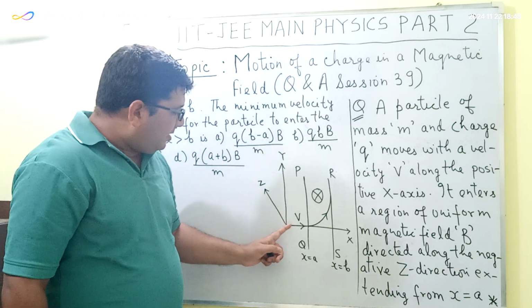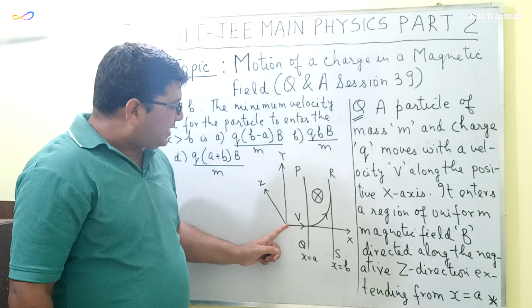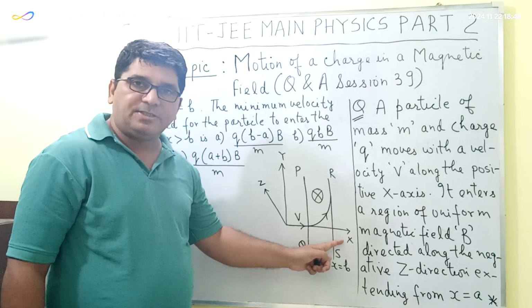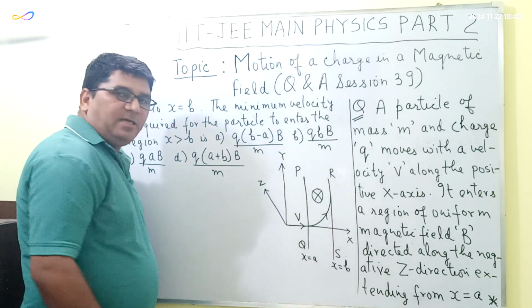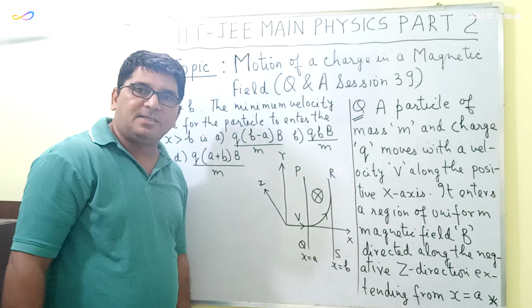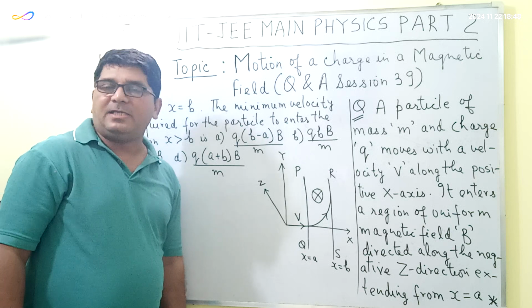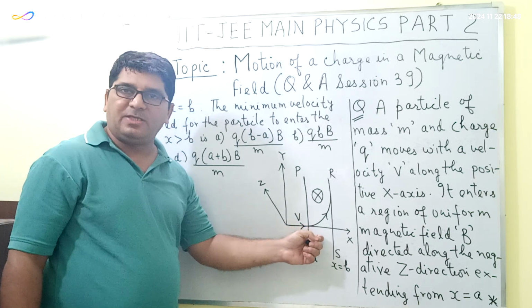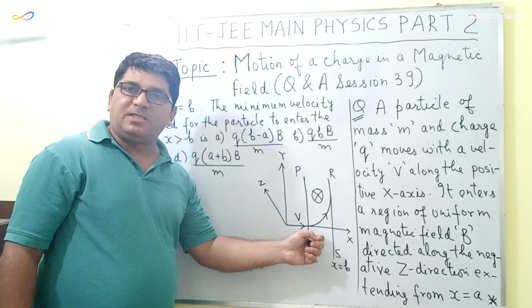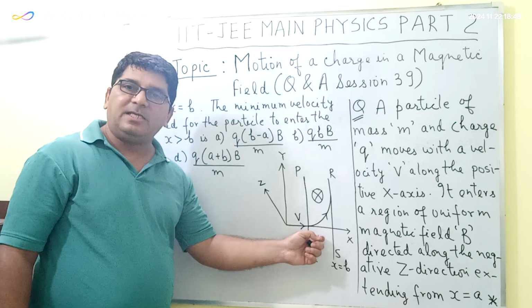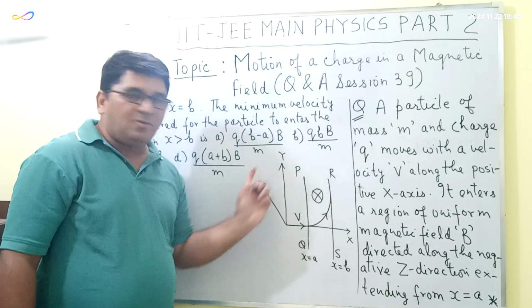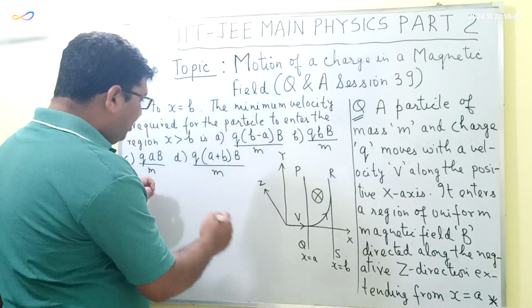Now the velocity of the particle is along the positive x-axis. So we know that if a charge enters a uniform magnetic field in a direction perpendicular to the direction of the magnetic field, then it will experience a magnetic force, and under its influence it will follow a circular path.